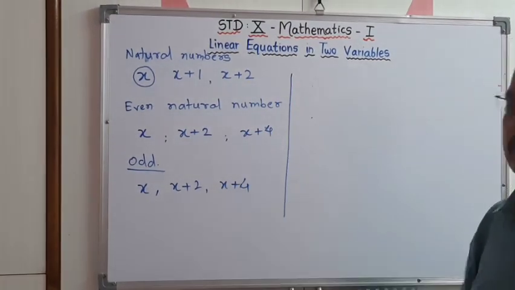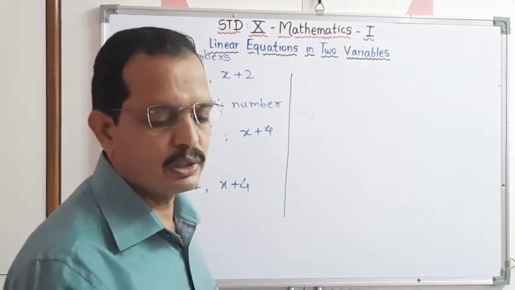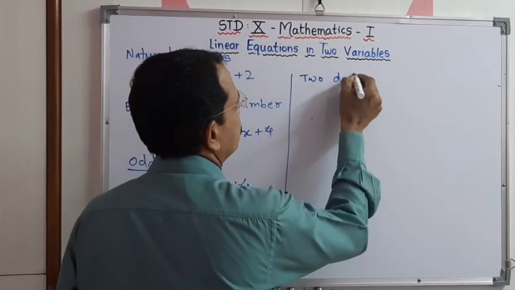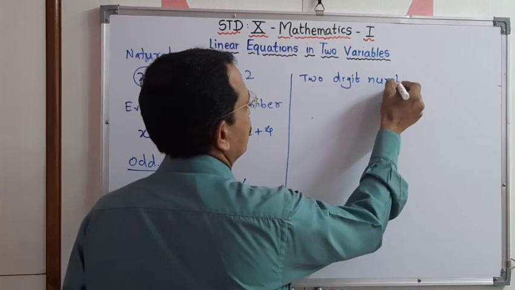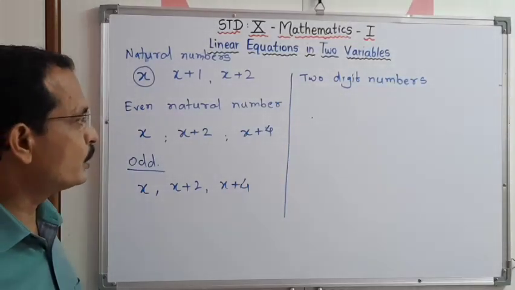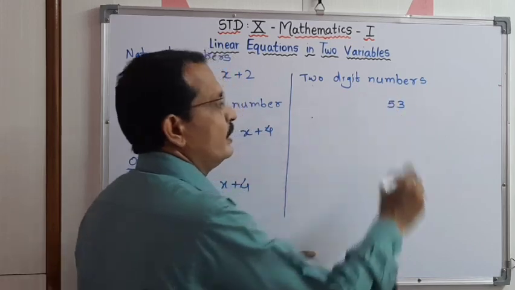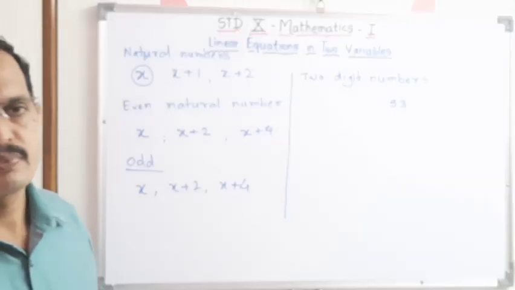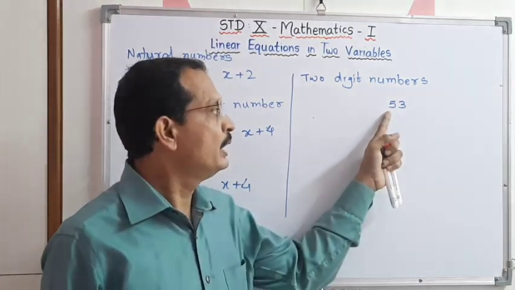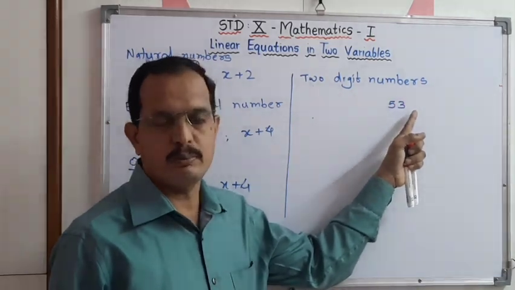Suppose the question is related with 2-digit numbers. Now all of you know how a 2-digit number is made. Suppose I write here 53. In this number there are 2 digits. The first digit is the digit placed at the tens place, and the other is the digit at the unit place.